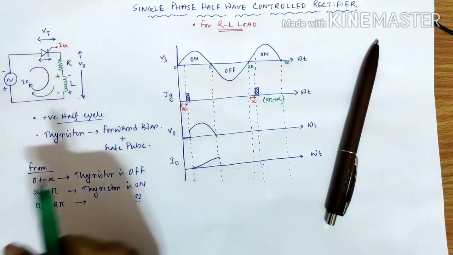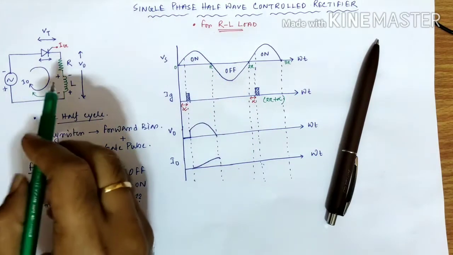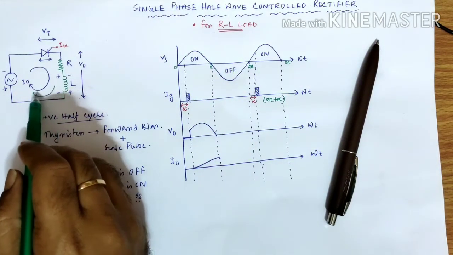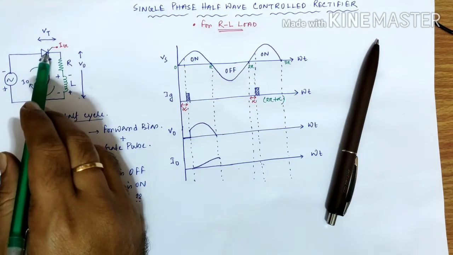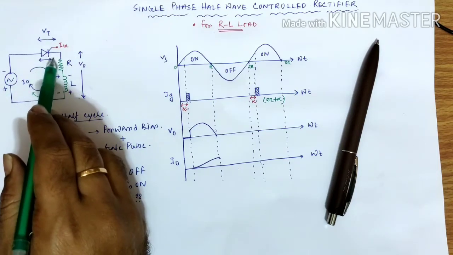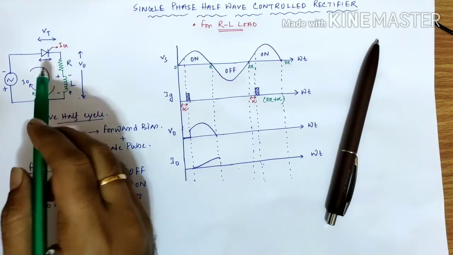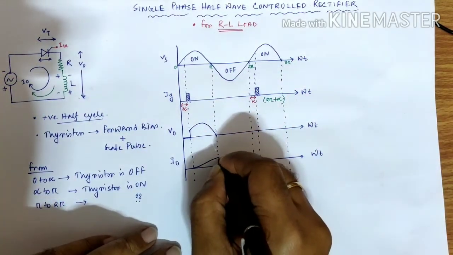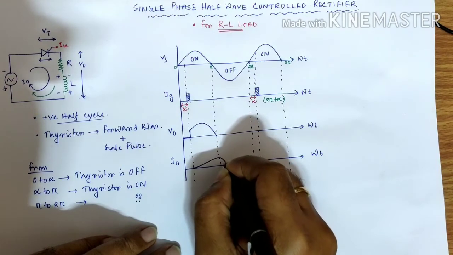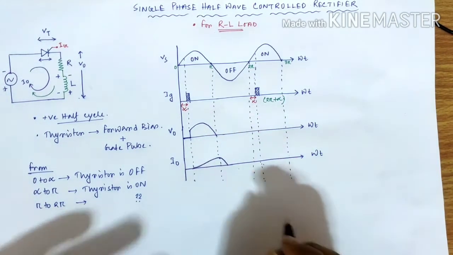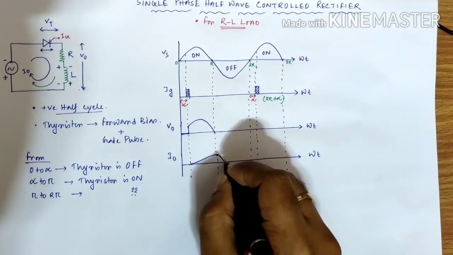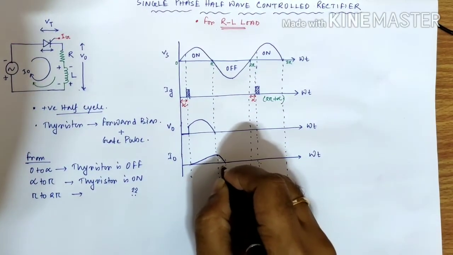Due to this fact, for a certain amount of time, this inductor will try to discharge through this thyristor. That gives us a certain amount of current here. After a certain time, suppose this is another angle, maybe beta.